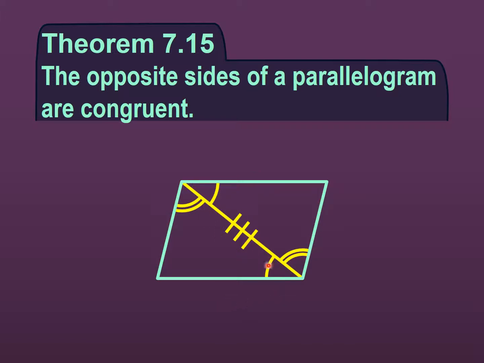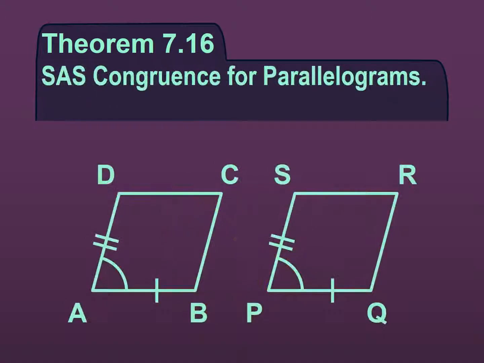And if you have a transversal, then that means alternate interior angles are congruent. So if alternate interior angles are congruent, then that means you have side, angle, side. So side angle side congruence for parallelograms proves that parallelograms are congruent if they have a side, angle, side.